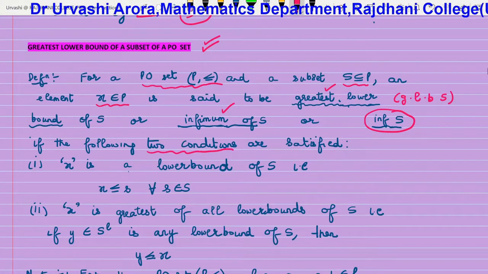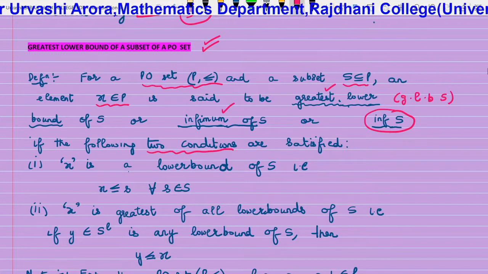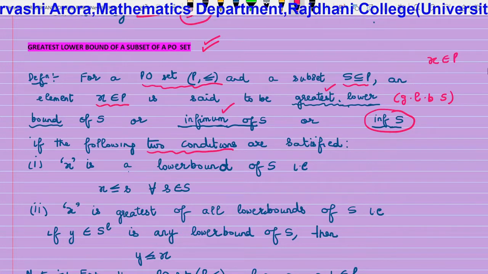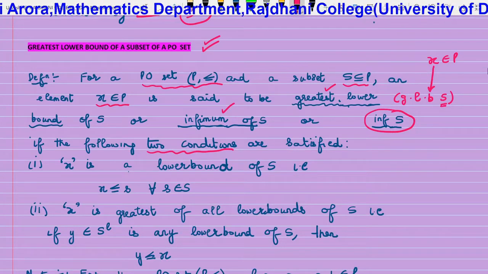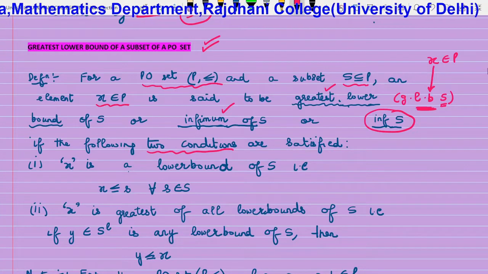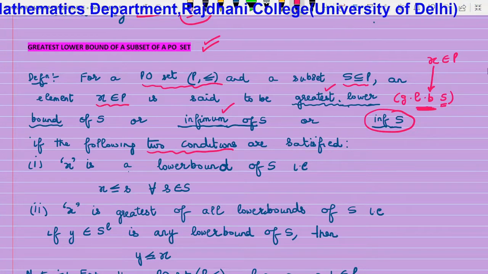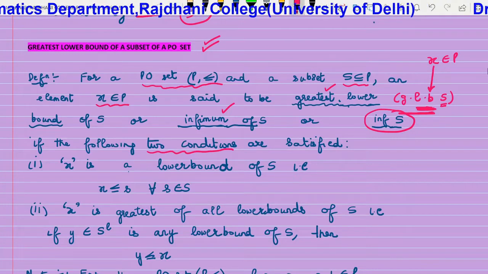And what are those two conditions? Now in layman's language, if X belonging to P has to be the greatest lower bound of the set S, then those two conditions are that, firstly, X should be a lower bound of the set S, and secondly, X should be the greatest of all lower bounds.